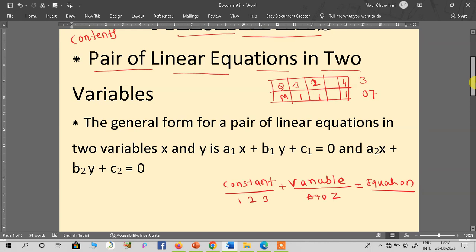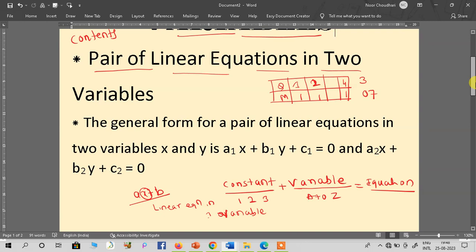If I take ax plus b, this is one equation. This type of equation is called a linear equation in one variable. See that here there is only one variable, that is x.